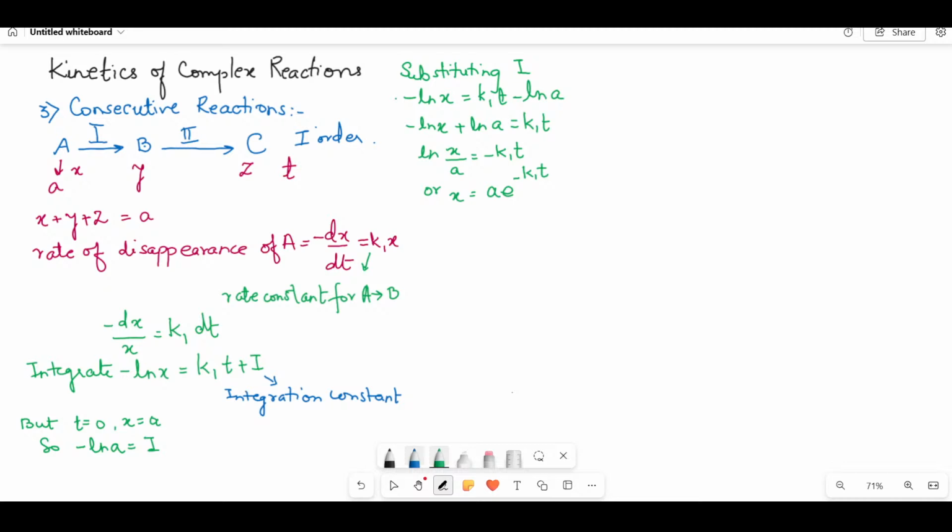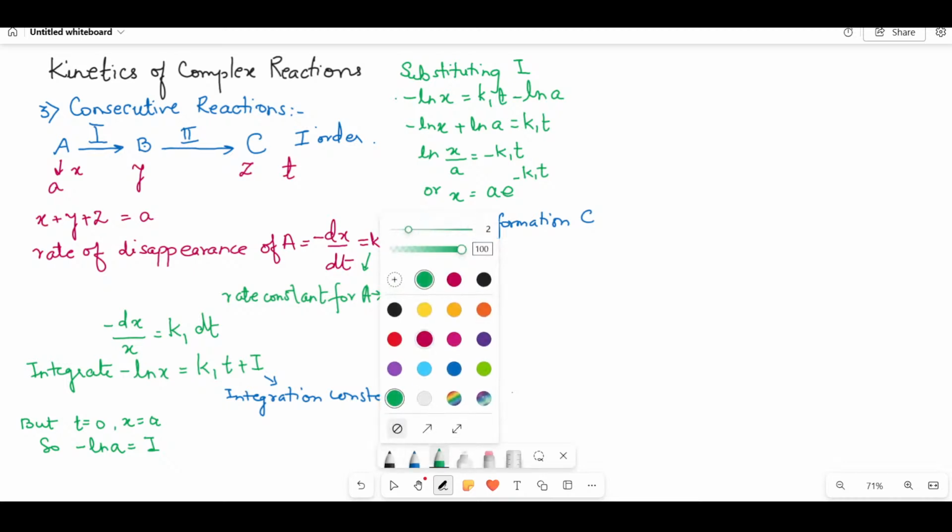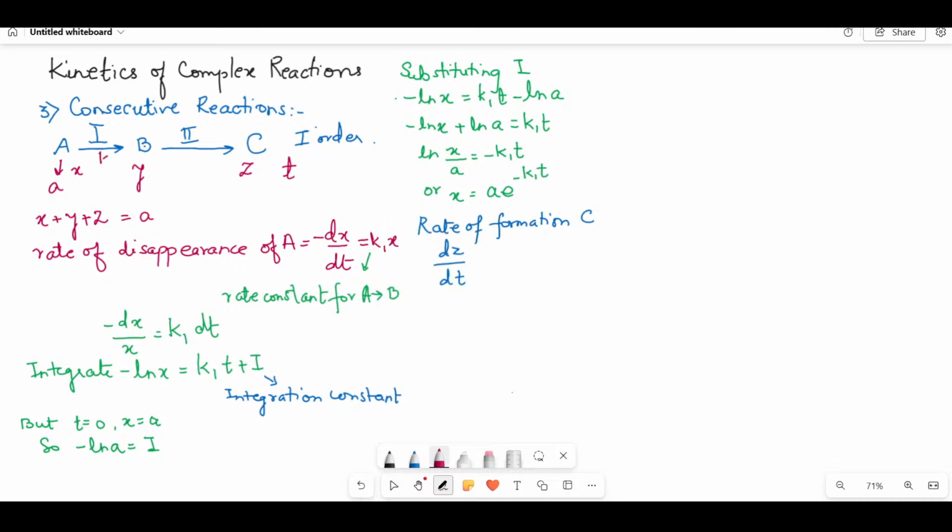Now, rate of formation of C will be given by, C has value Z. Concentration of C is considered to be Z. Therefore, rate of formation of C will be dZ by dt, and here we have K1 and K2.